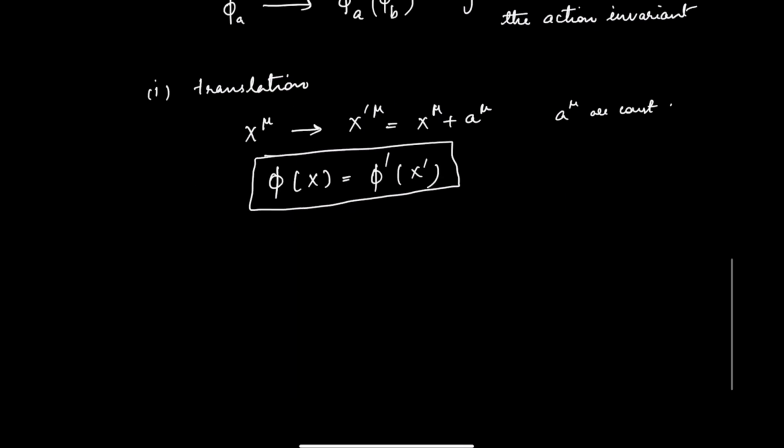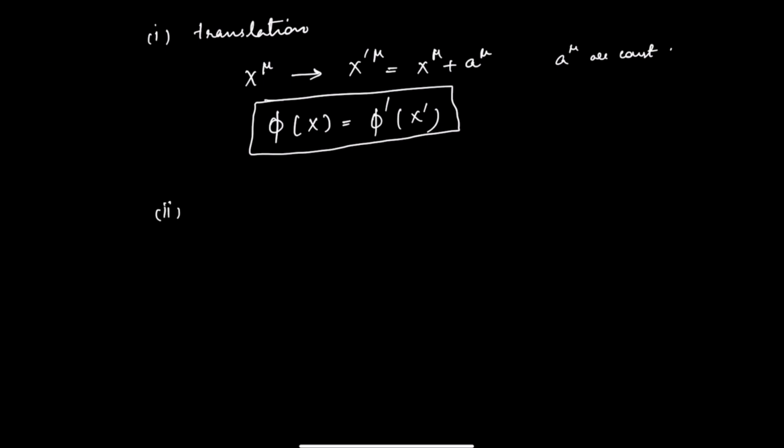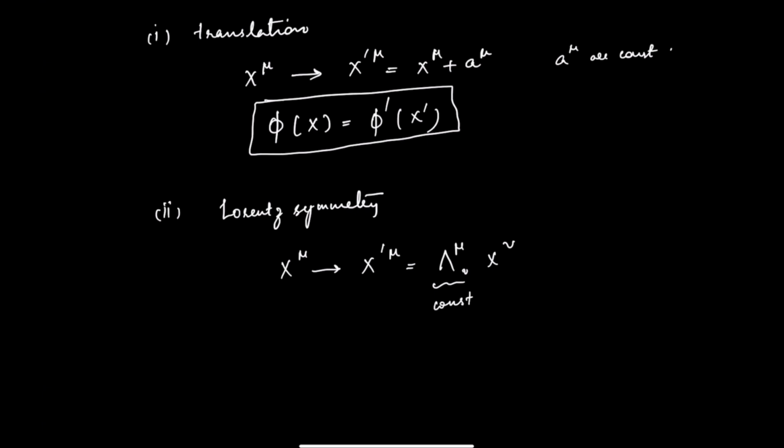And the second type of symmetry that we'll be seeing is the Lorentz symmetry. So in Lorentz symmetry, again you transform the coordinate x mu to x prime mu by giving a Lorentz boost or a rotation, which is represented by this matrix. So this matrix is the constant Lorentz transformation matrix.